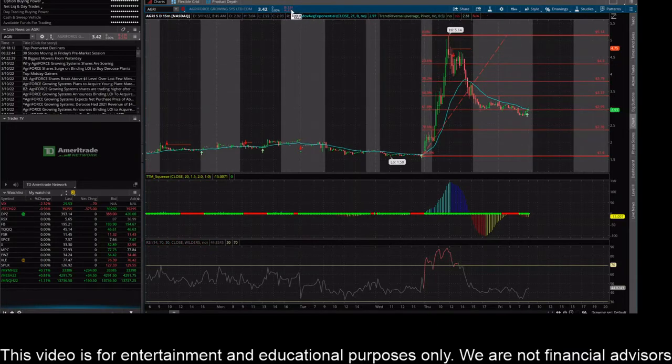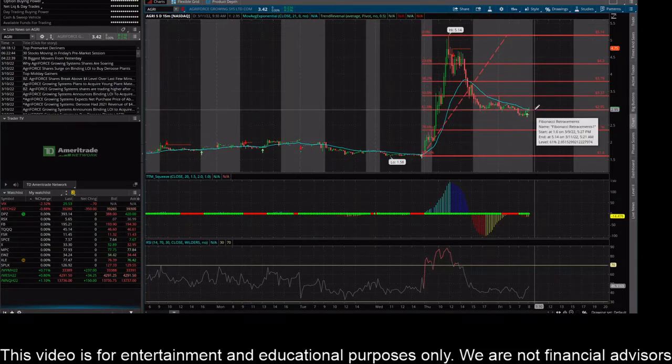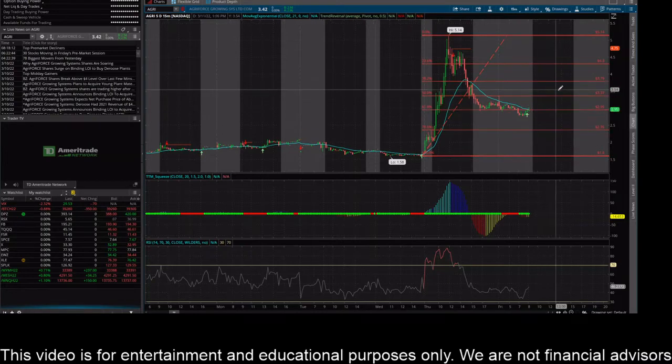You can see it's starting to move lower again. This thing closed at 3.42 yesterday, and now you can see it's already into the high twos, around 2.93, 2.94 right now. So yeah, this 2.95 level is really key right now. After this pre-market is over and regular hours open up, we're going to see what's going to go on here.